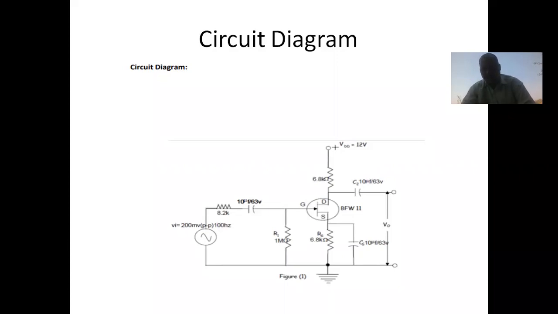Next time for practical only one hour, that's why draw the diagram fast. While drawing this diagram, we have to simulate the practical on our simulator. Multisim is the software where we have to simulate the same configuration.